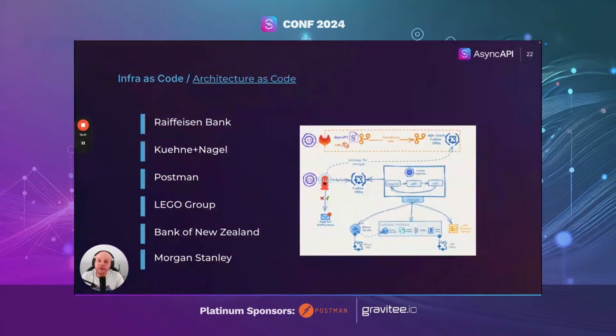So infra as code. That's my favorite, mind-blowing for myself, how useful AsyncAPI can be. It's basically treating AsyncAPI as an infrastructure configuration file.